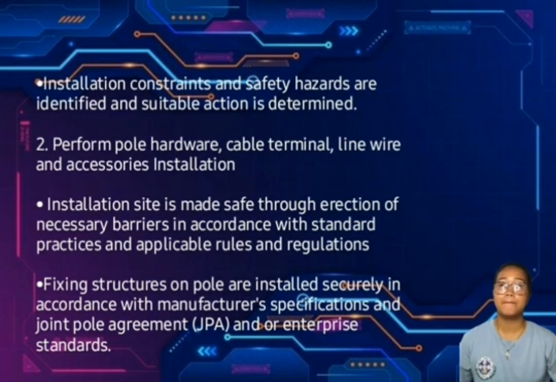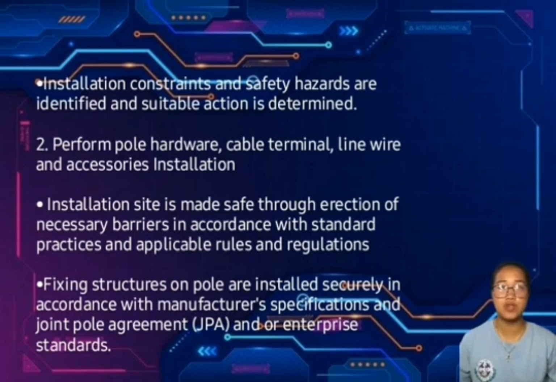Number 2. Perform pole hardware, cable, terminal, line, wire, and accessories installation. Installation site is made safe through erection of necessary barriers in accordance with standard practices and applicable rules and regulations.